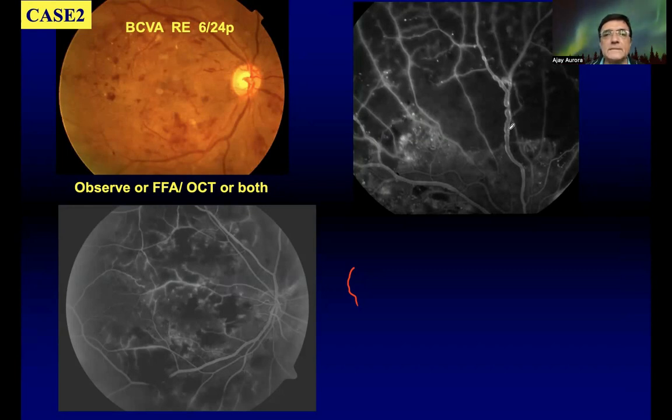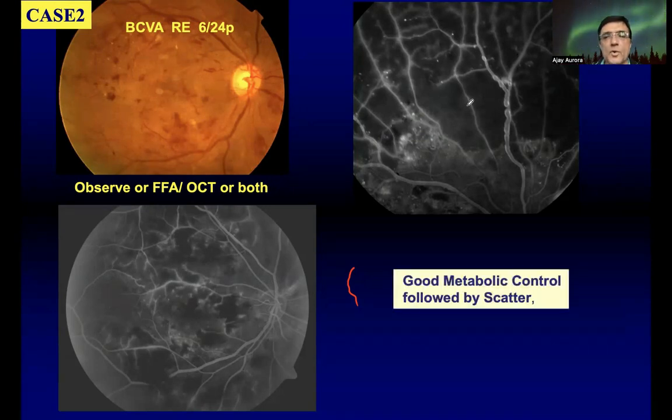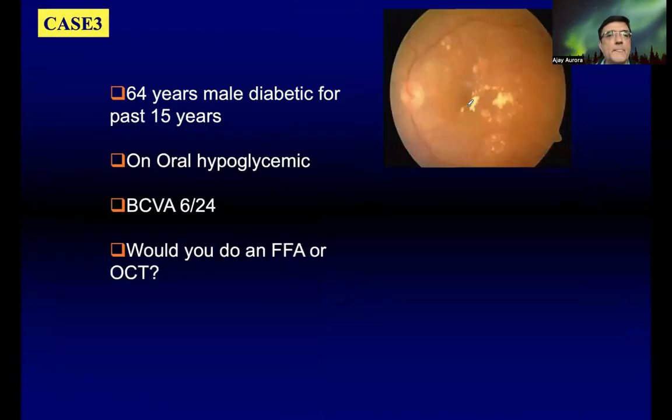All this indicates a significant amount of ischemia. If OCT shows macular edema in addition, then we give anti-VEGF and we do a scatter laser. But without doing an angiogram, we won't be able to reach this point. So good metabolic control followed by a scatter laser.